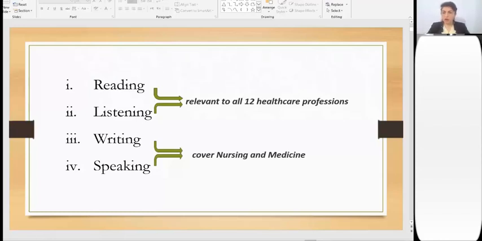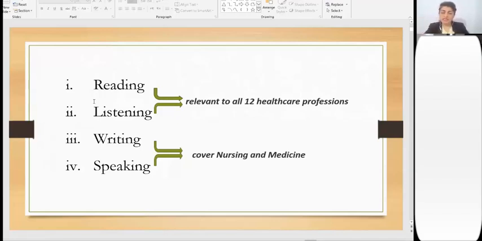like IELTS, there are 4 sub-skills in OET tests. Edel, would you please tell us what sub-tests do we have in OET? Edel? Sorry, I couldn't understand.